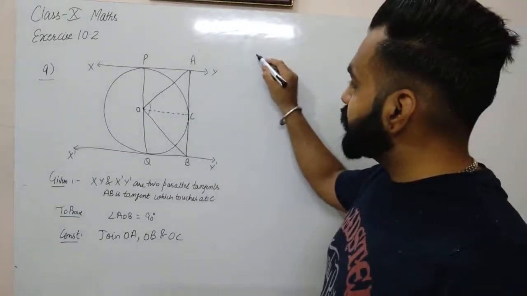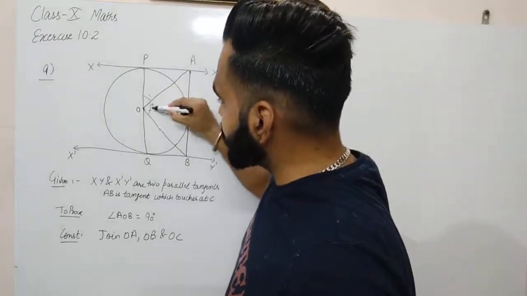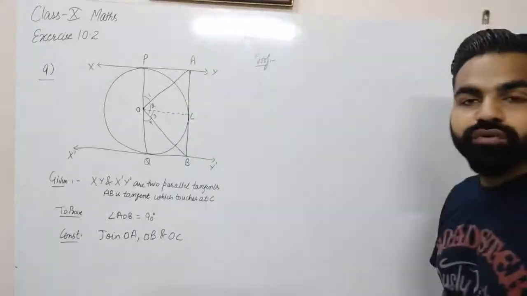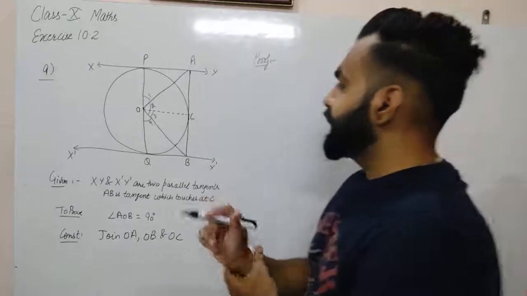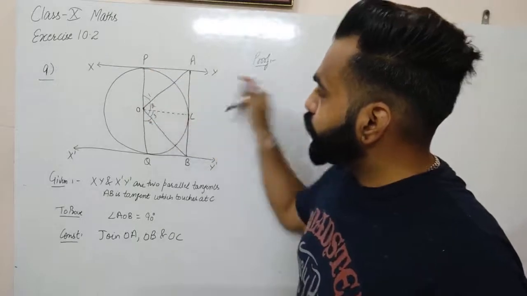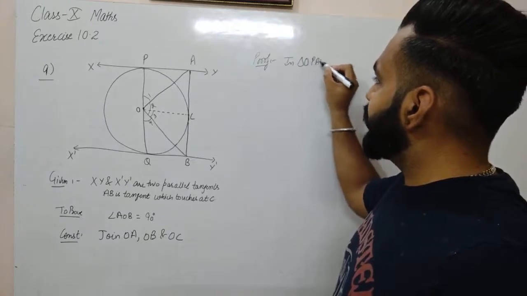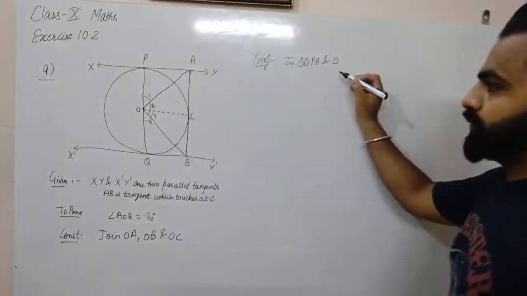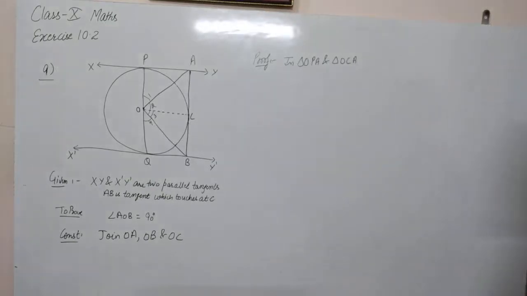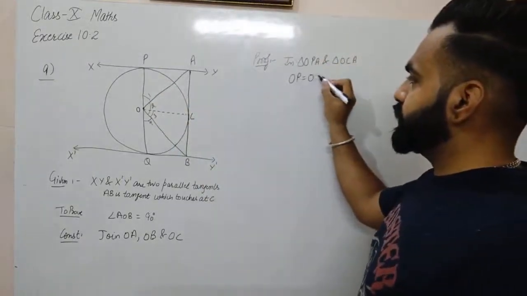Let's start the solution proof. Let us say this is angle 1, this is 2, this is 3 and this is 4. So we have to prove that angle 2 plus 3 is equal to 90 degrees. So let's say in triangle OPA and triangle OCA, from here we can see that OP will be equal to OC. Why?